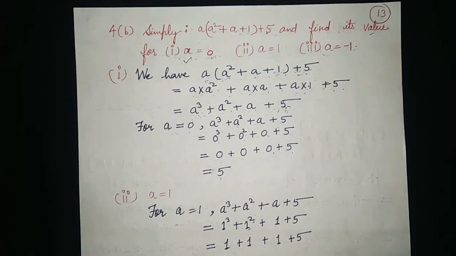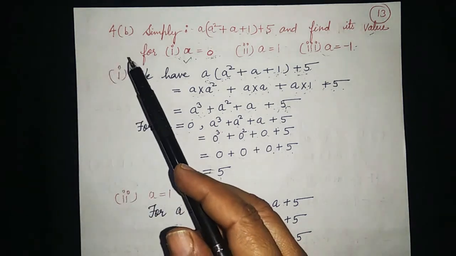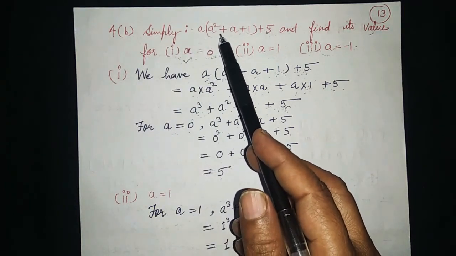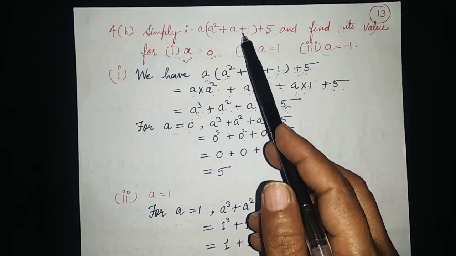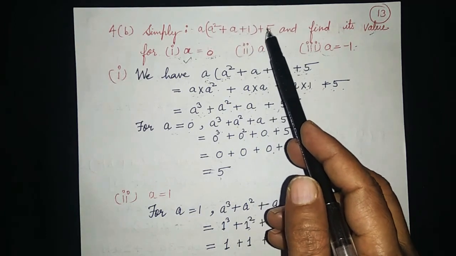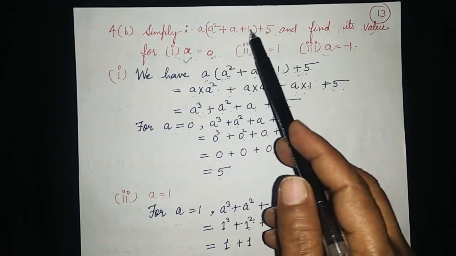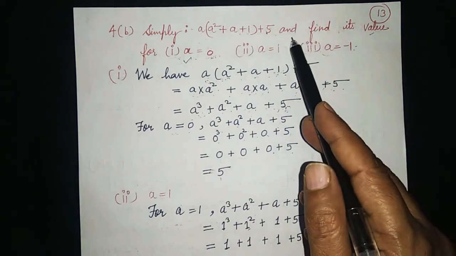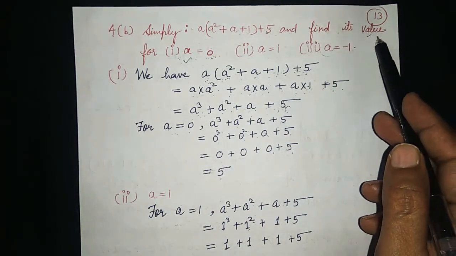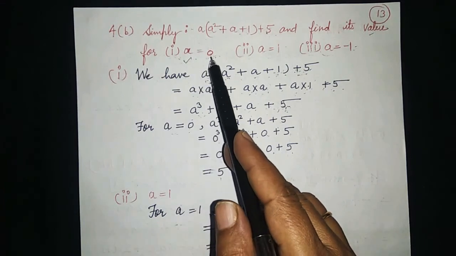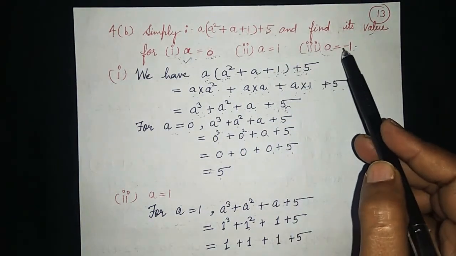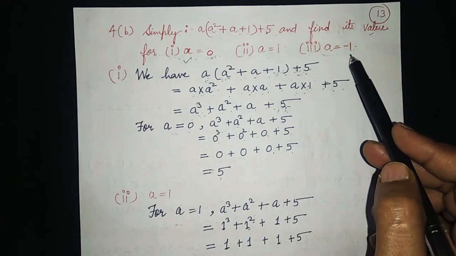Now students, see the B part of question number 4. Simplify a into a square plus a plus 1 plus 5. A square plus a plus 1 you can see in a bracket, and find its value for a equals 0, for a equals 1 and for a equals minus 1.